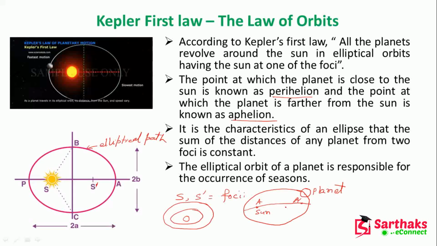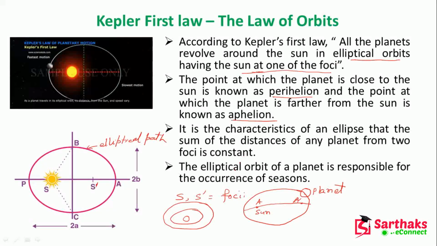The first point is that all planets revolve around the sun in which type of orbit? Elliptical orbit. And the second point you should remember is having the sun at one of the foci, right? One point is the elliptical orbit, another is the sun at one focus.